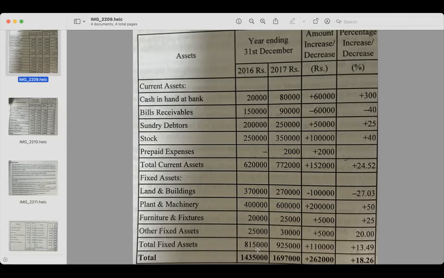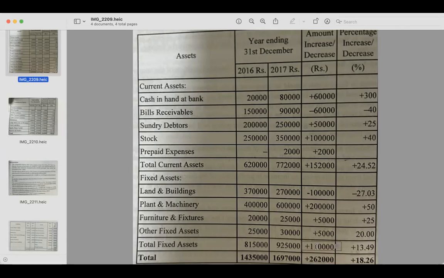Then the total of fixed assets, 8,15,000 and 9,25,000 in the second year. 1,10,000 is an increase. Therefore, the increase divided by the original amount gives 13.49%. 13.49% is your increase in the total fixed assets.